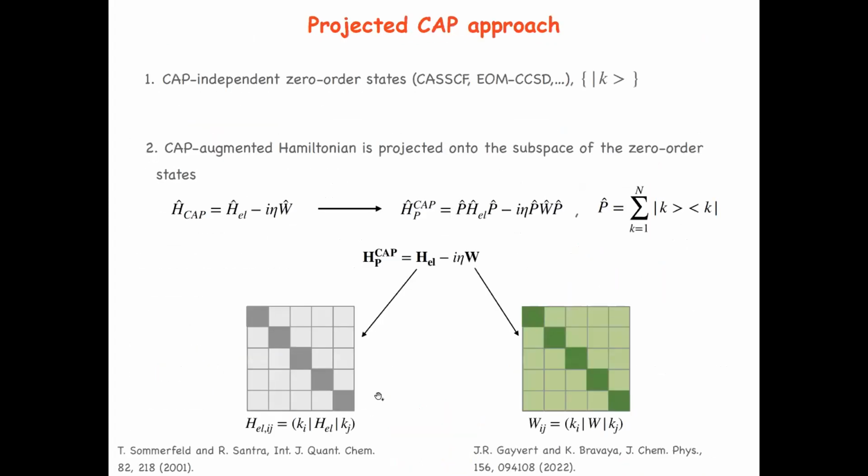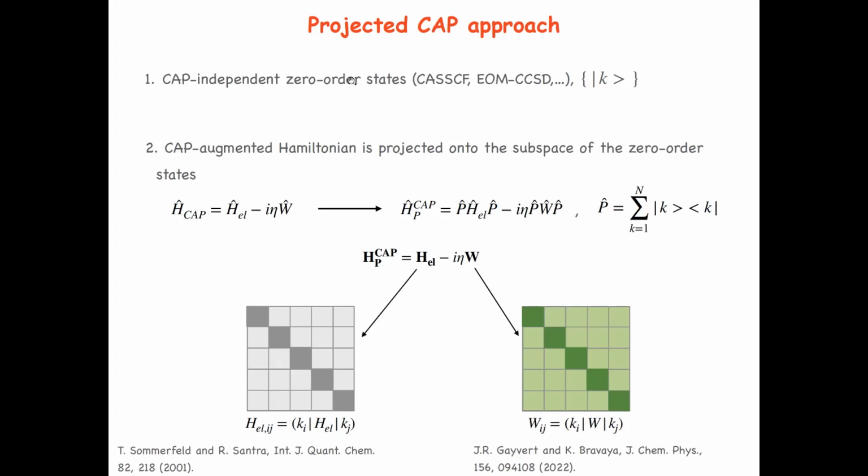All right, so what enables these calculations is a projected CAP model. So what is done here, and what is important: we start from a CAP independent multi-state calculation. In the context of today's talk, it's multi-reference methods implemented in MOLCAS, but it doesn't have to be.